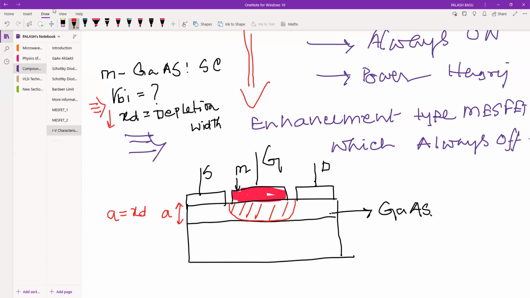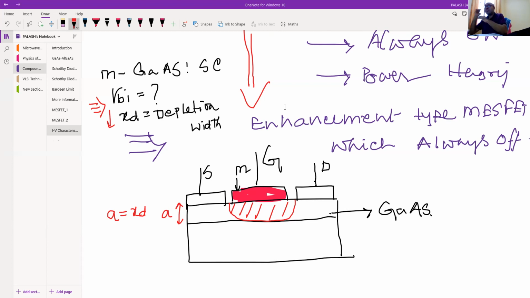So you know the built-in potential. The moment you have the structure, you already have a built-in potential, and if it is sufficient, it can close your junction always.